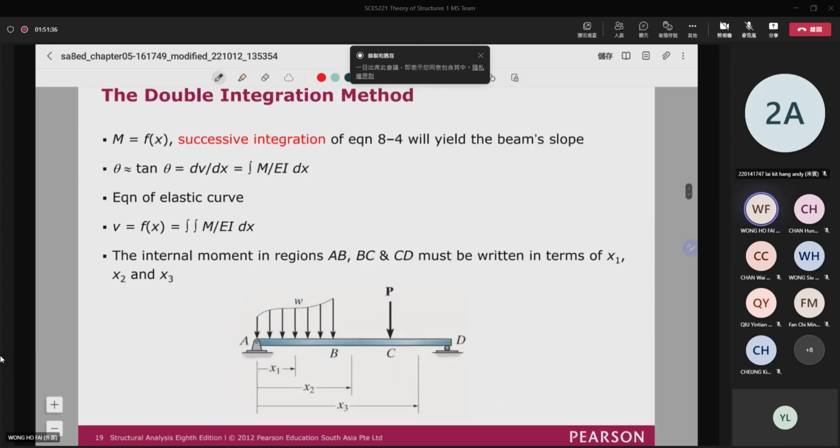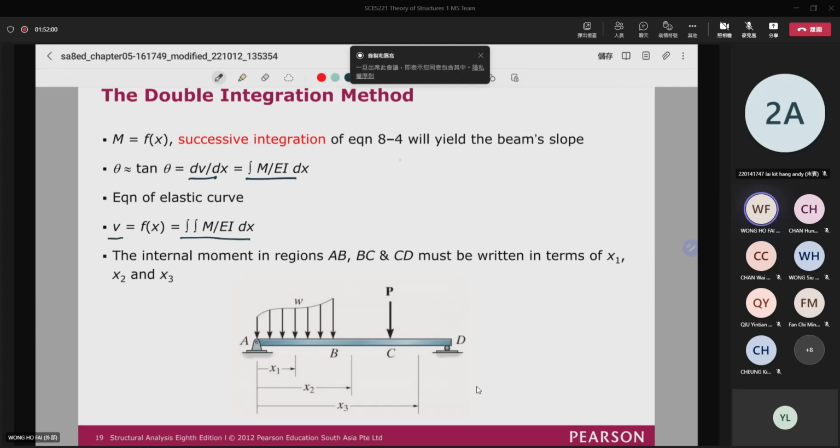We just have the relationship dv/dx, which is equal to the integration of M over EI dx. And if you want to get the deflection, you need to integrate it two times. That's why we call it the double integration method.